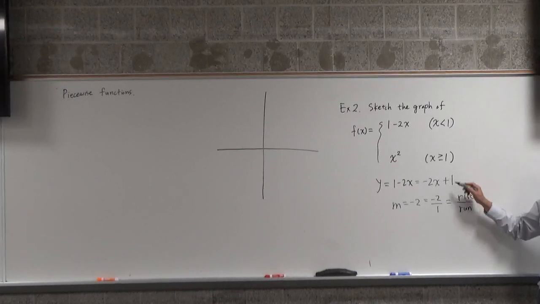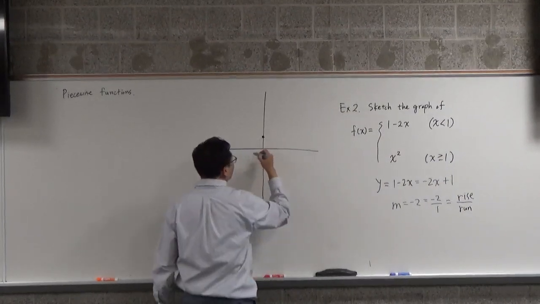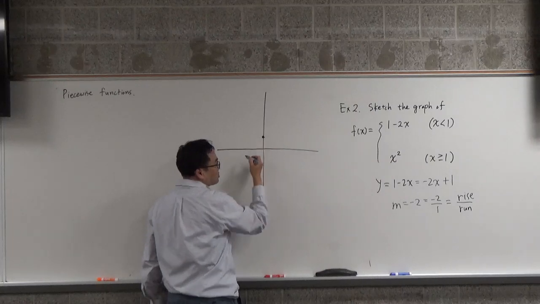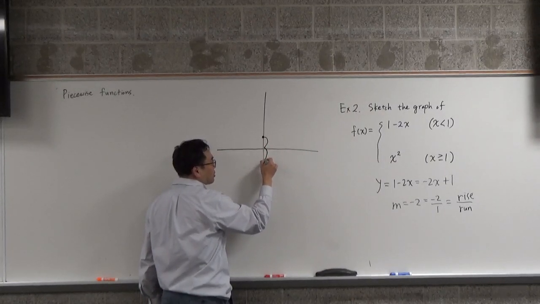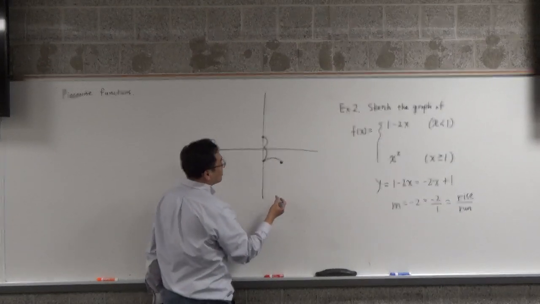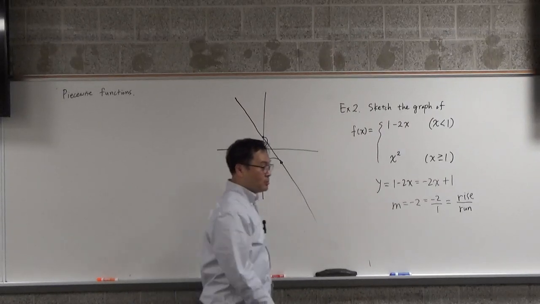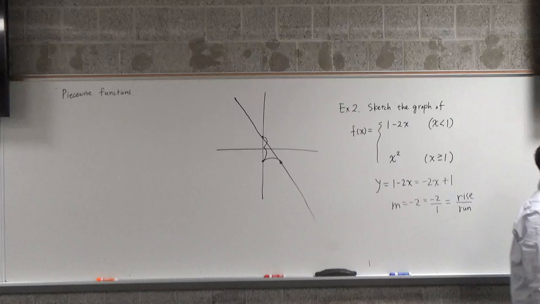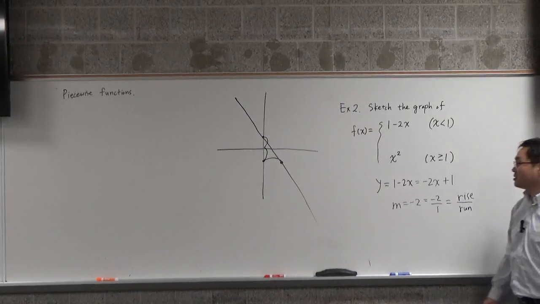So you're going to have 1 as your y-intercept, and then you go 2 down for your rise, and run would be 1. So that's your next point, and then you connect it. That's the graph. Is that good? All right, good.